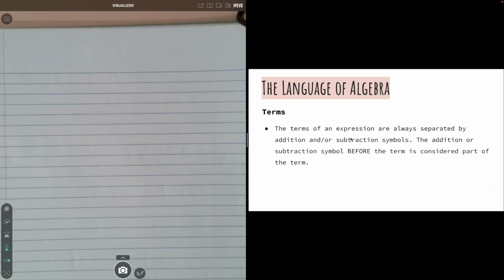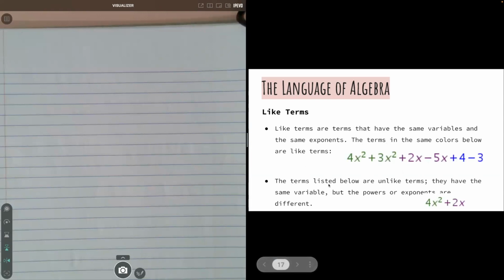So the terms of an expression are always separated by addition and/or subtraction symbols. The addition or subtraction symbol before the term is considered part of the term. So here, if you look at this example, you have 4x squared, that's a term, and then negative 3.